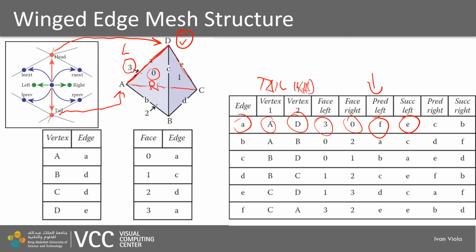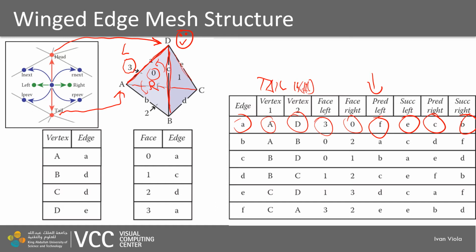Well, it will be the C, because C is counterclockwise to A, which is counterclockwise to the successor B. So now we understand this complex storage of the winged edge mesh structure. And based on this information, we are able to find all the necessary information we would be interested in.